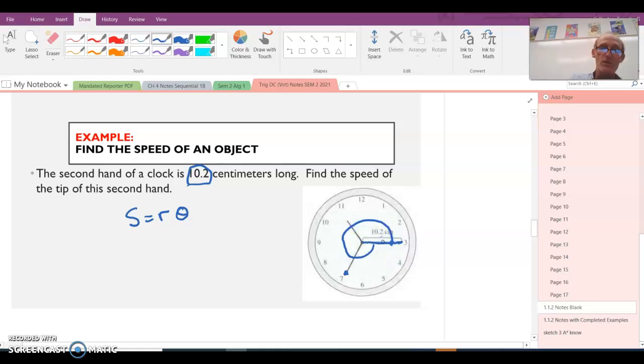So S is equal to 10.2 times 2 pi. Now, that's in 60 minutes. So 10.2 times 2 pi centimeters for 60 minutes.